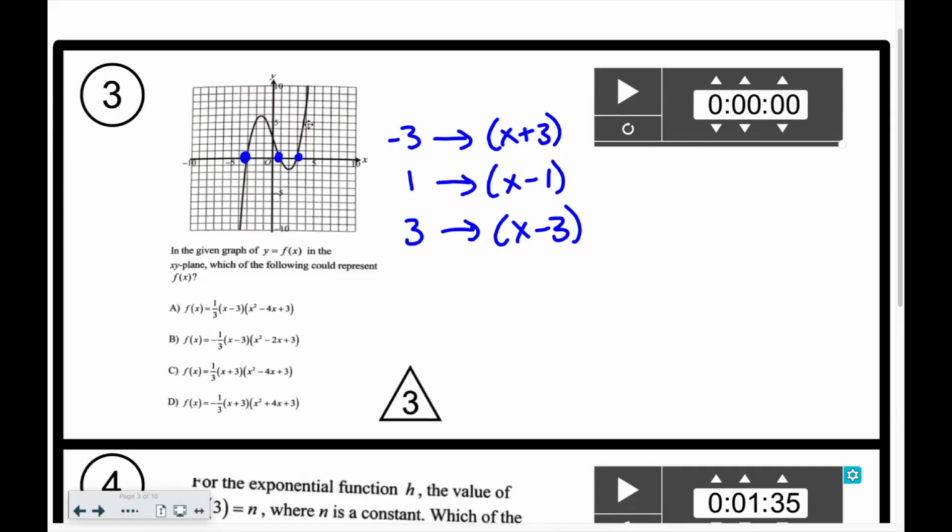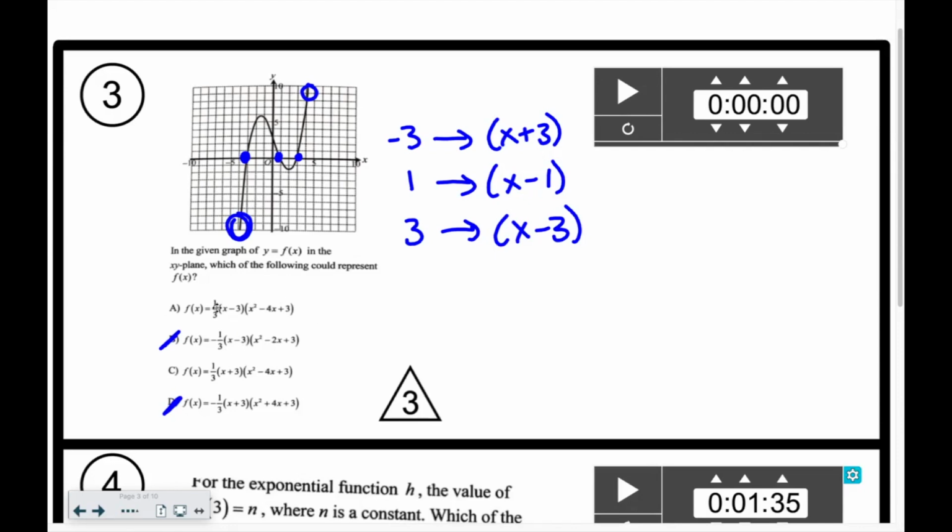This is a cubic function whose end behavior is pointing down and then up. That's what happens in a normal cubic function. So I know that it's positive. That would let me get rid of B and D. So now I'm down to A and C, which means I only need to check one answer, because if that answer is right, then that's the answer. And if that answer is wrong, then it's the other answer.